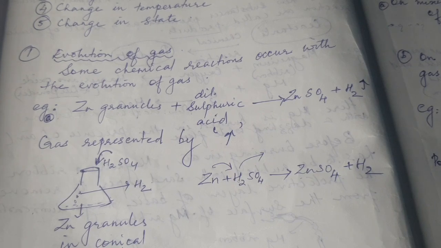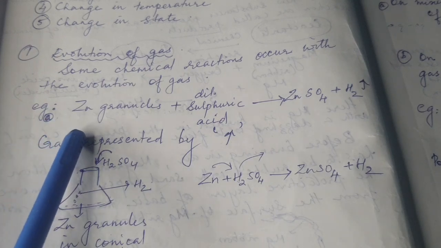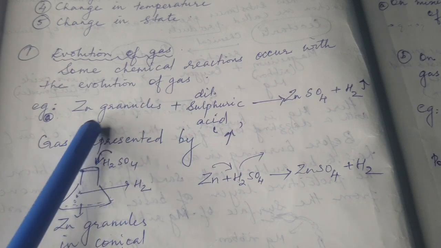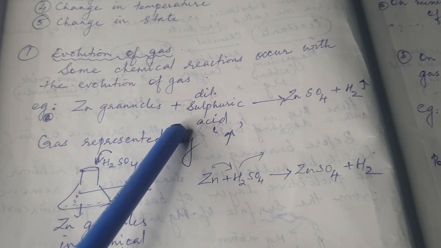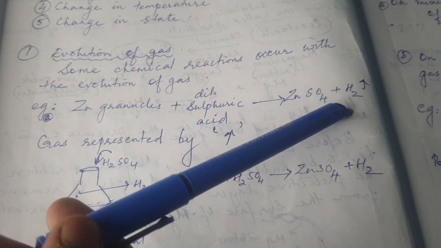You are adding dilute sulfuric acid dropwise, and what will happen? There will be a chemical reaction. So what are the products over here? Zinc granules and dilute sulfuric acid are the reactants. They undergo a chemical reaction to form the products, that is zinc sulfate and hydrogen gas.